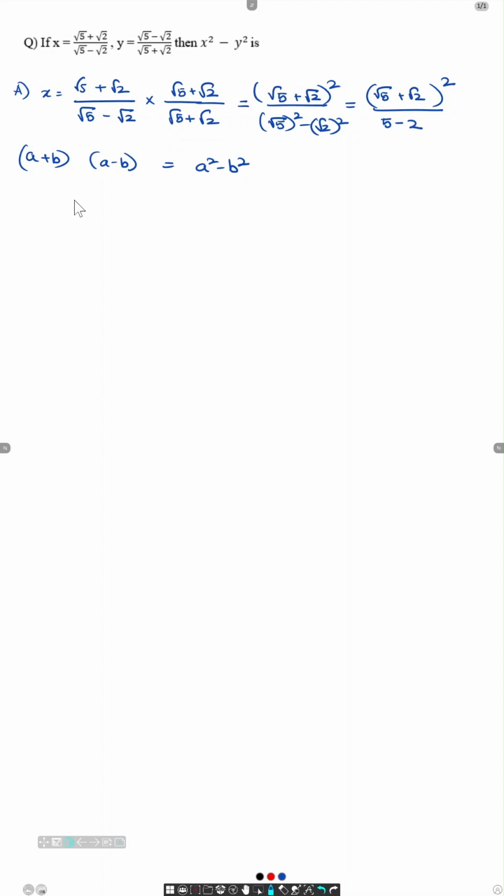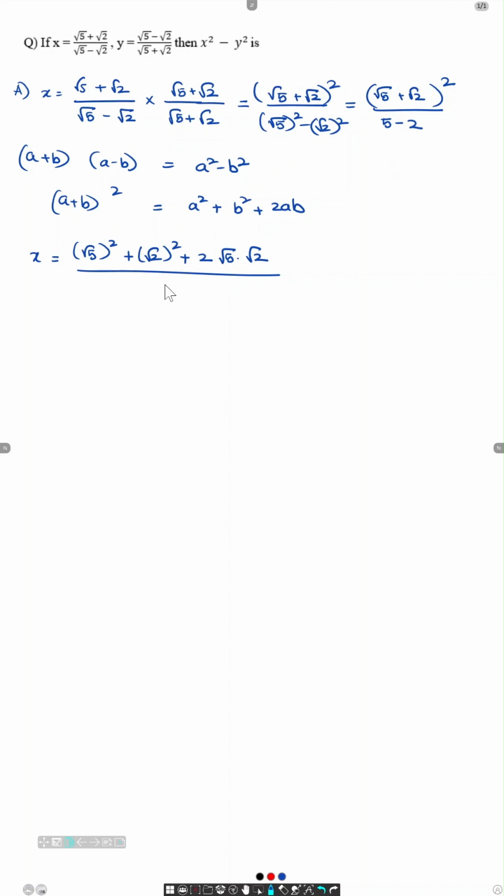We know that (a plus b) whole square is a square plus b square plus 2ab. Let us expand the numerator also. That is x equal to (a square is root 5 whole square) plus (root 2 whole square) plus 2 into root 5 into root 2, all divided by 5 minus 2, which is 3.